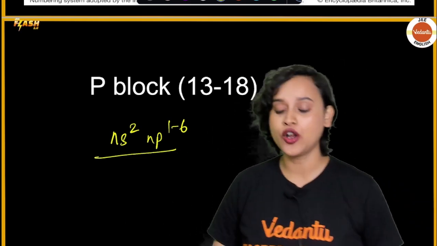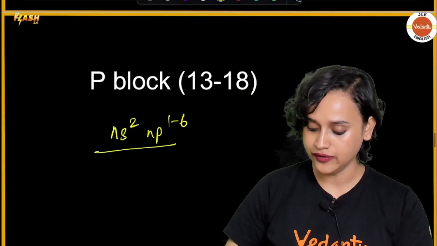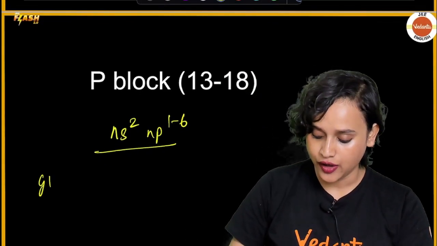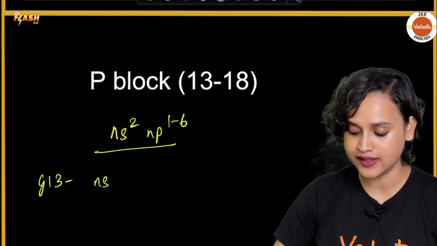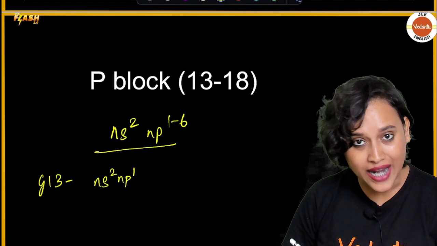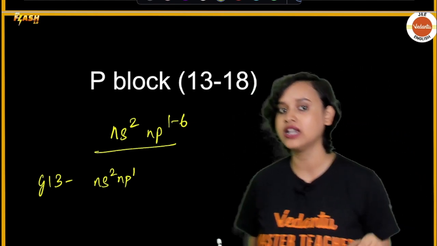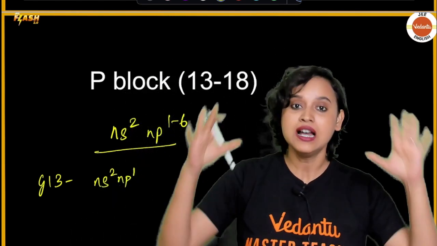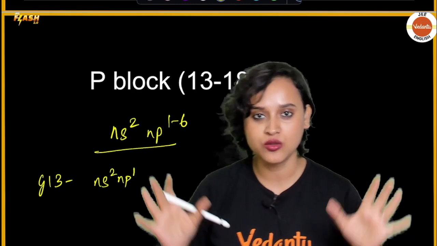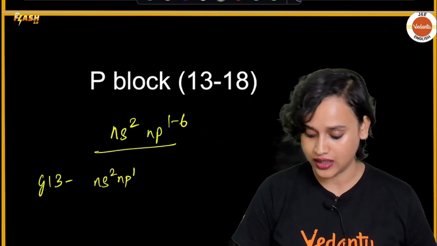Now for group 13, the general electronic configuration is ns2 np1. And remember, this P block lecture is as per the revised syllabus. This is where we are going to get the questions from. So please study it and make sure that you are focused here.